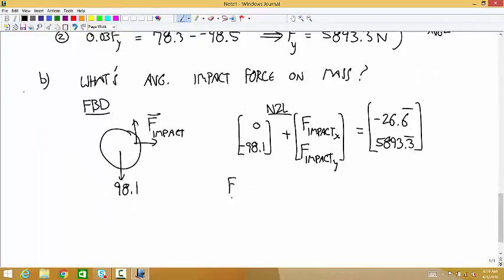And so that average impact force is equal to negative 26.6 repeating. And then what do you get for the Y component? Positive 5991.3 repeating. Yeah.